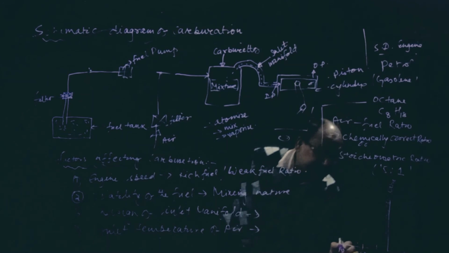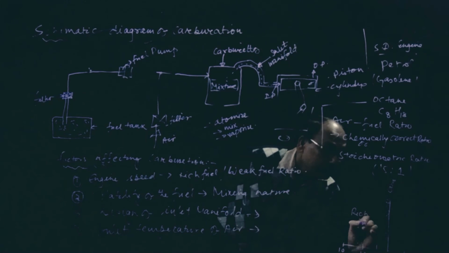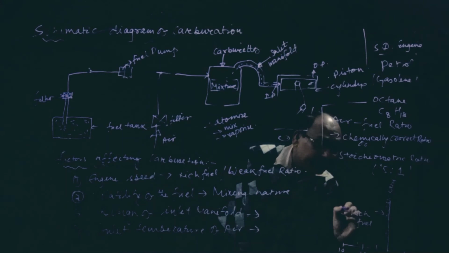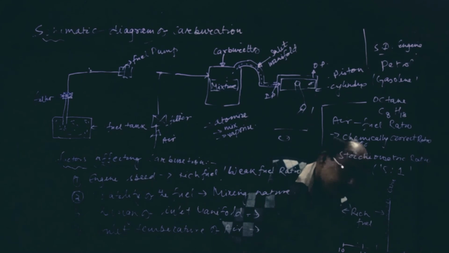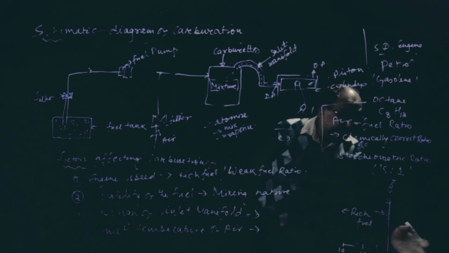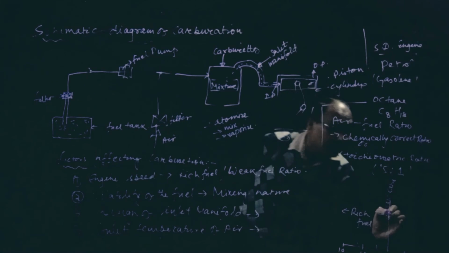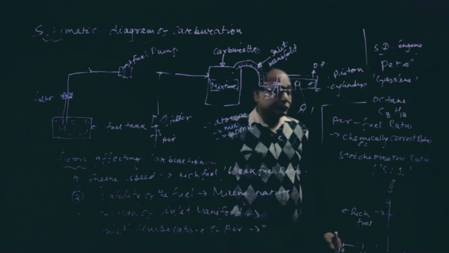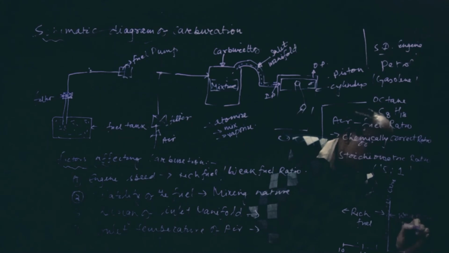Before that one, this is rich fuel mixture here, because this is air fuel ratio. See here, air is 10, and as we increase the air, the air amount here is less, so it is called rich fuel, and going beyond the 15:1, that is called weak fuel ratio or lean fuel ratio.